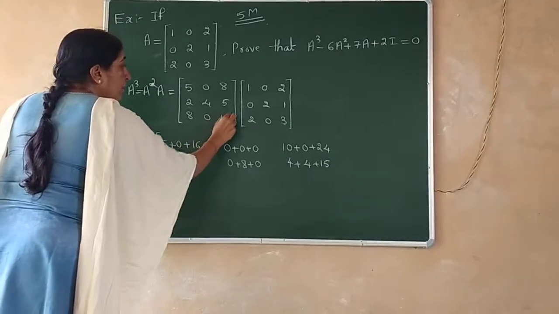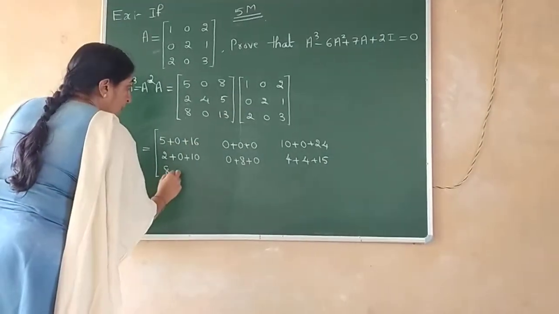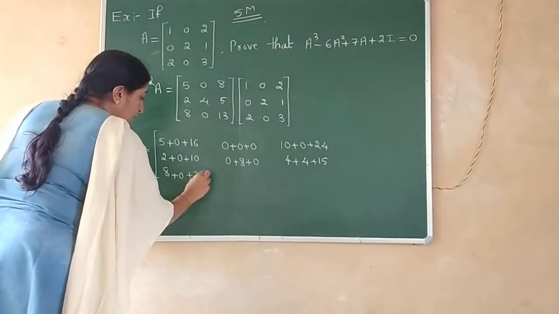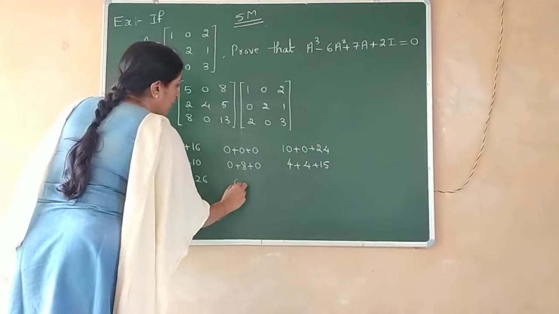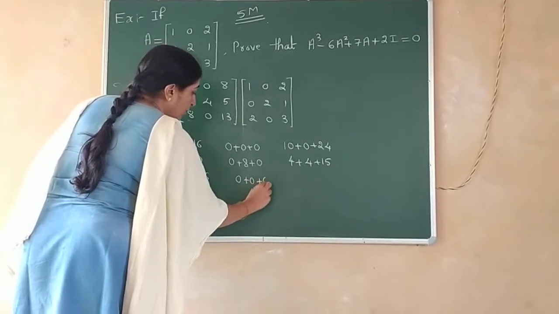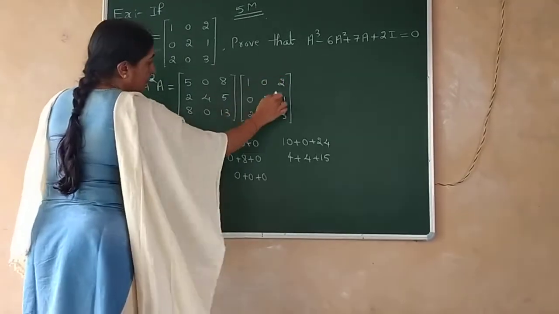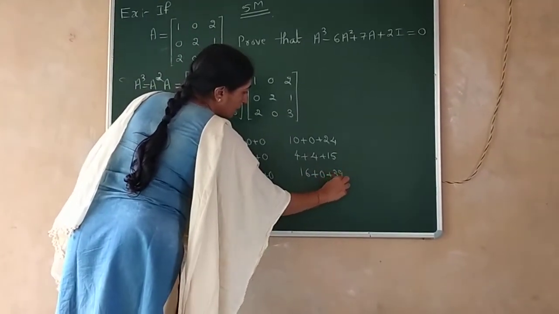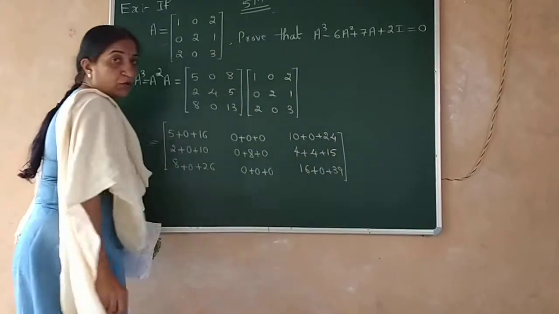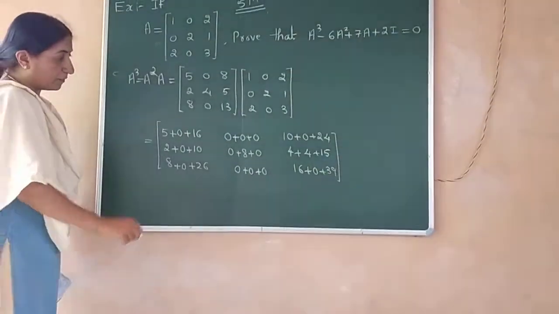Then third row with first column: 8 plus 0 plus 26. Then third row with second column: 0 plus 0 plus 0. Third row with third column: 16 plus 0 plus 39. Is it clear? Then what are you doing? We are just going for simplification.